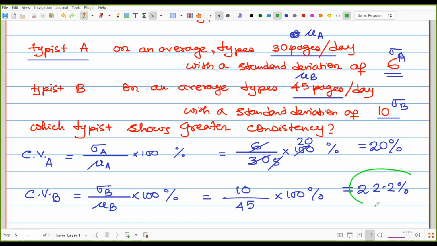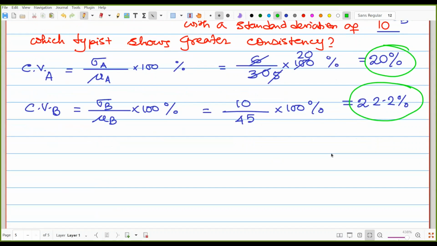So look at the values. For typist A, that is 20%. Once again, the lesser value means less variation, less deviation. So this gives us two very simple derivations.